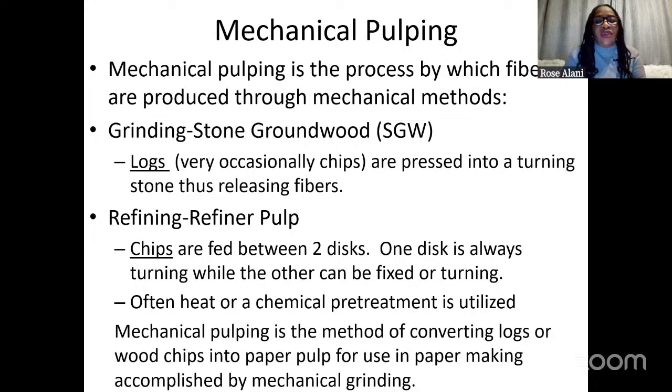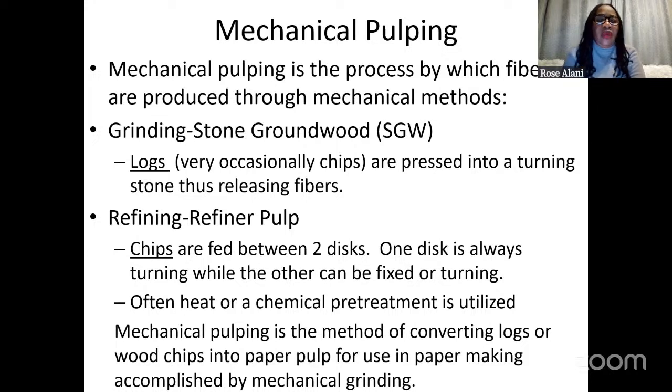In this case, you use logs of wood. It's very occasional that you use chips. With this method, you use logs of wood. Then the logs of wood are pressed into a turning stone, which helps to release the fiber. I will show you an example, a picture soon.